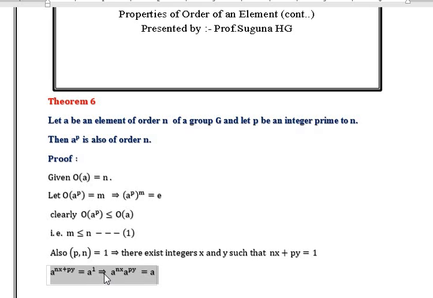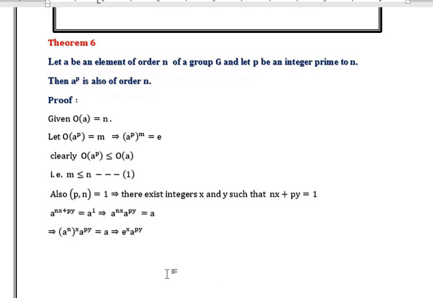This implies a^(nx) into a^(py) is equal to a. This implies (a^n)^x into a^(py). Just we have taken a^(nx) as (a^n)^x and a^(py) as it is. So (a^n)^x a^(py) is equal to a.